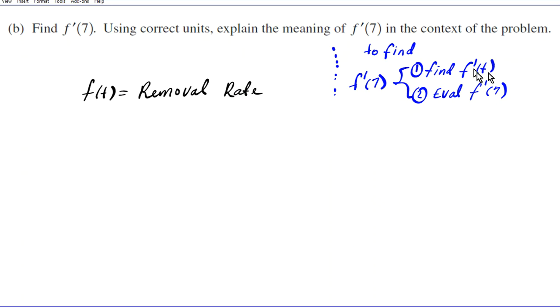What on earth does that mean? If we can determine what this means, then we can apply it to a specific time. Okay? If f of t is the removal rate, f prime of t is the rate of change of the removal rate. So it's either the increment or decrement of the removal rate, so increasing or decreasing of the removal rate at any time t.